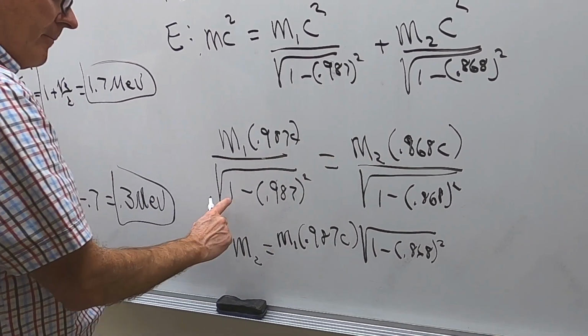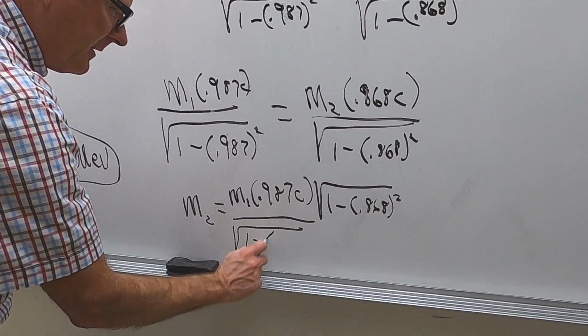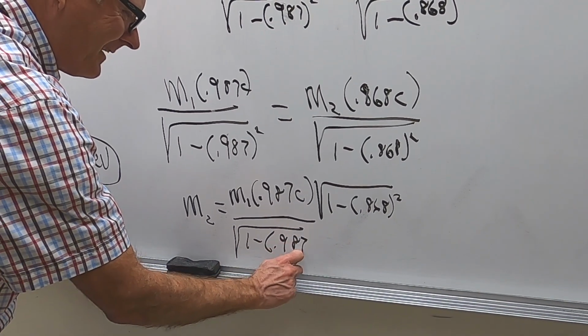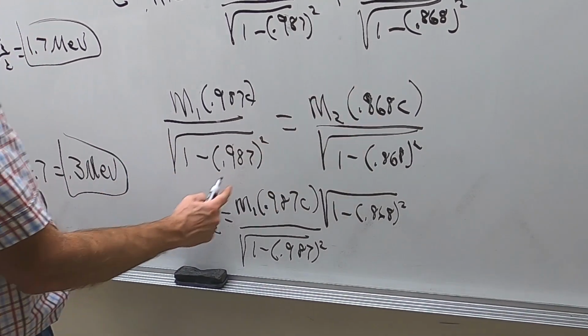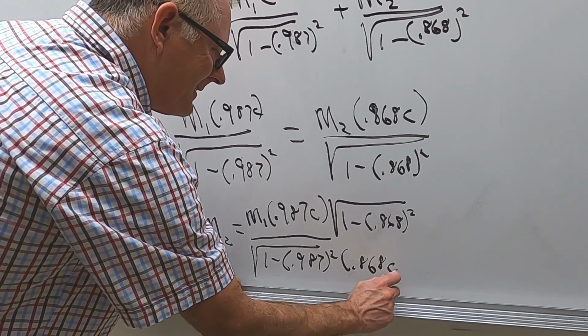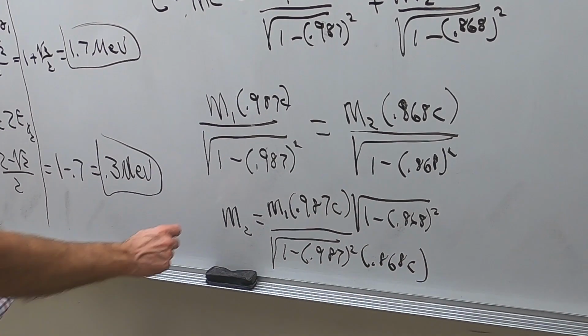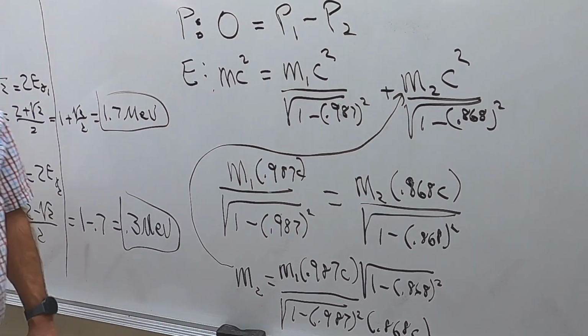And then what comes down below, we have the square root of 1 minus 0.987 squared. And then we also have this number coming down, which is 0.868c.